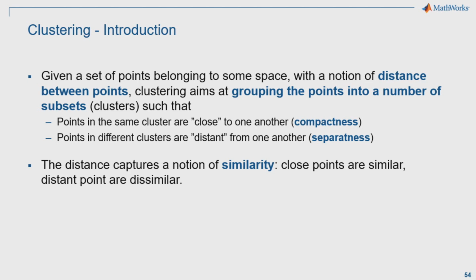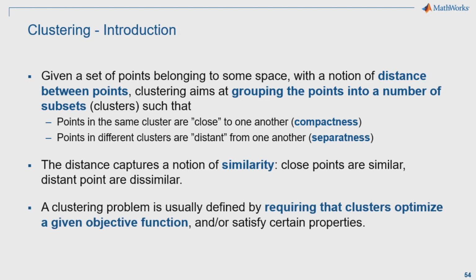Again, as I said many times in this presentation, distance captures a notion of similarity. So points that are similar are closer to each other, and points which are distant are dissimilar and far from each other.